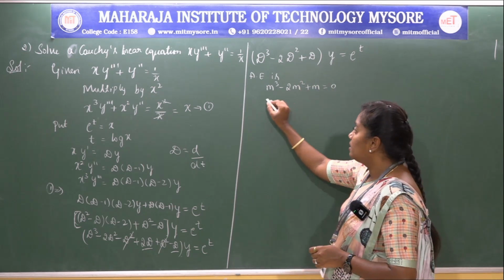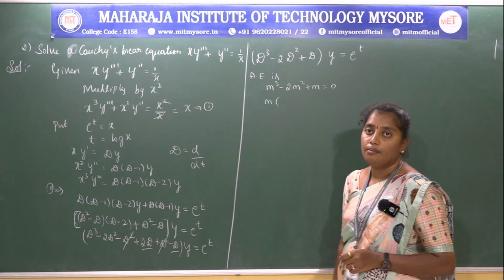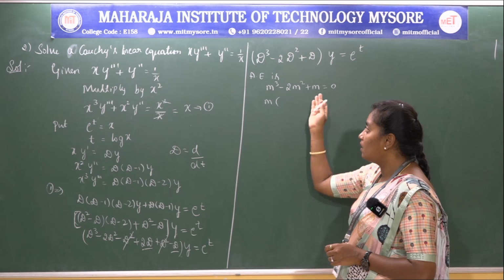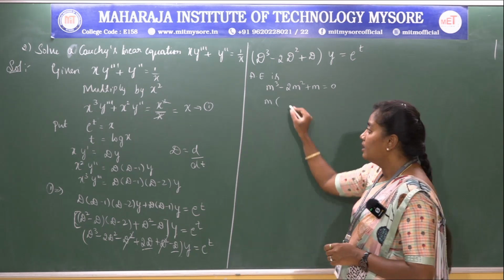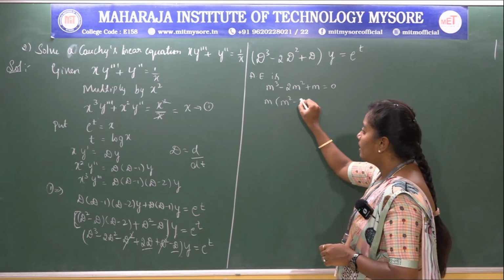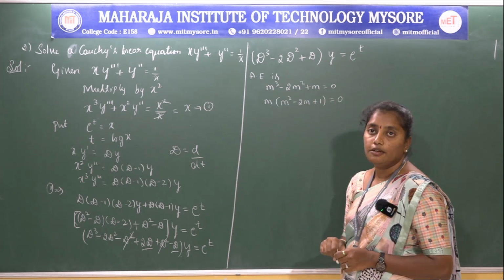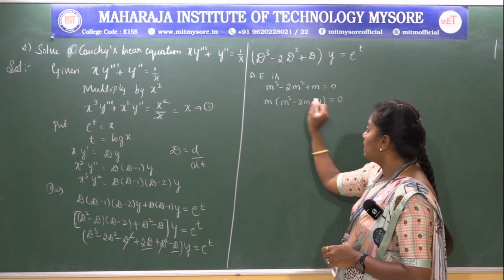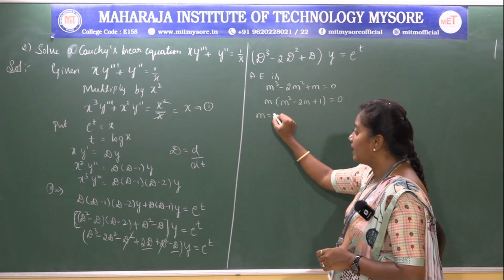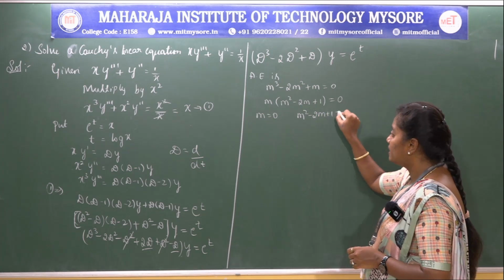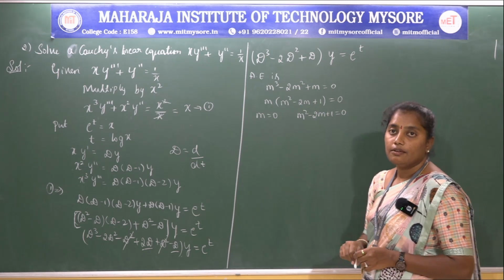In this equation, m is the common element, so taking m as common, the remaining is m square minus 2m plus 1 equal to 0. Then m is equal to 0 is the first factor, and m square minus 2m plus 1 is equal to 0 is the second factor.